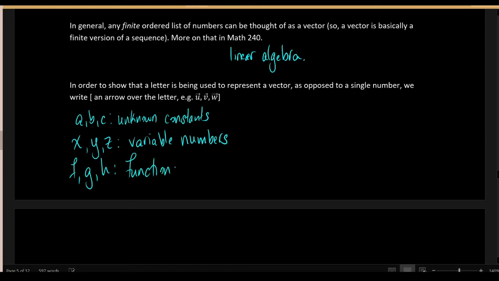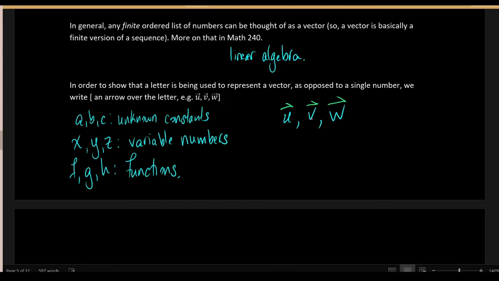This is traditional. And likewise, there are traditional ways to represent vectors. First of all, vectors are usually represented using the letters U, V, and W. But not only that, to really communicate to the reader that the quantity that we're working with is a vector and not just an individual single number, we usually emphasize that by putting a vector arrow over the letter.